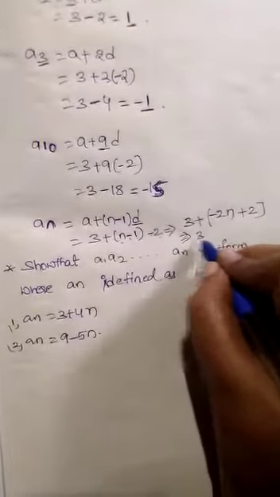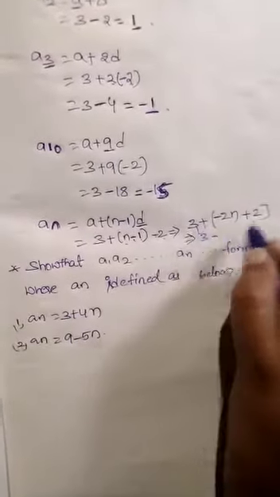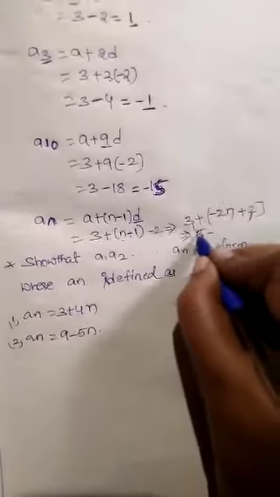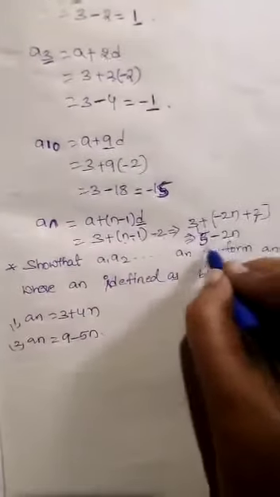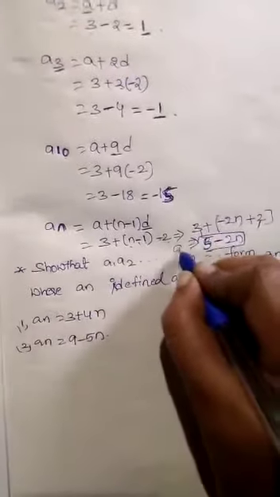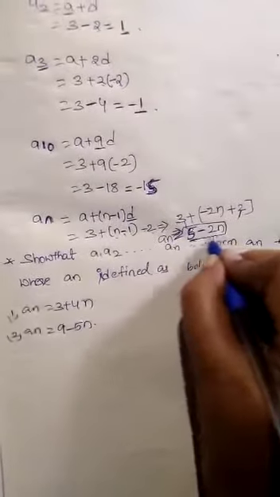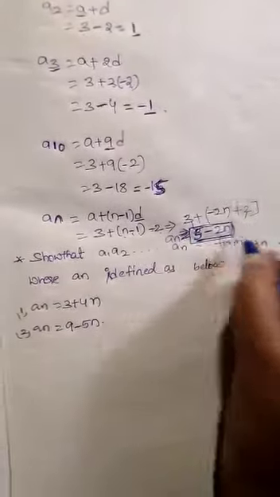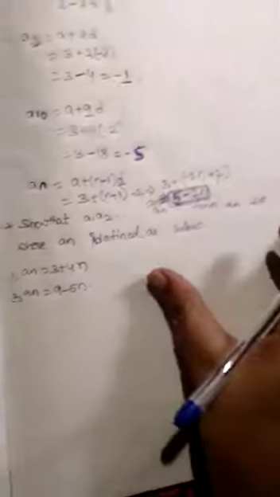Equal to 3 plus 2, 5 minus 2n. This is the nth term. An equals 5 minus 2n. Next question.